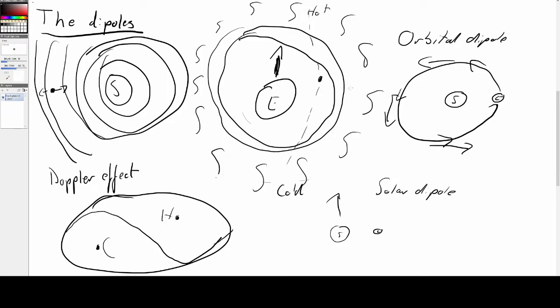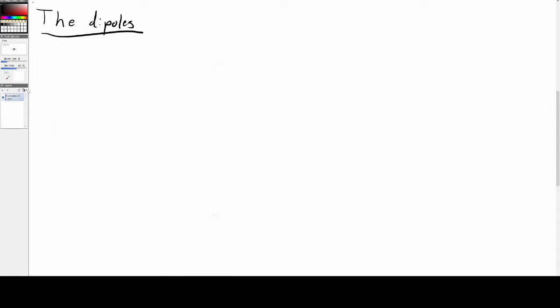So let's have a look at the characteristics of these two dipoles and how they can be used for calibration. In order to do that, let's imagine that we have a detector, and as always I'm just going to use Planck, which was scanning the sky in these great circles.